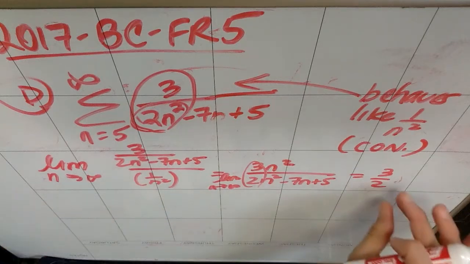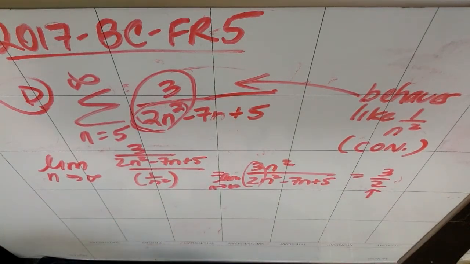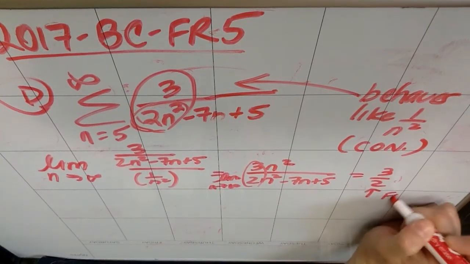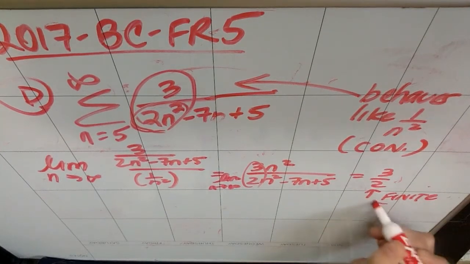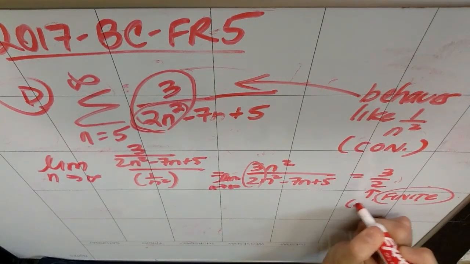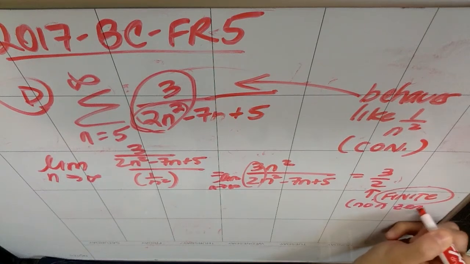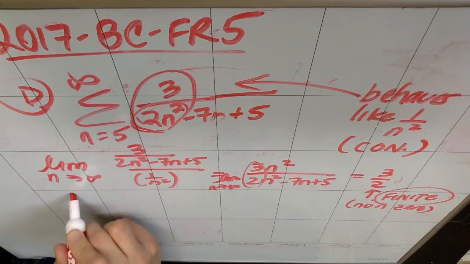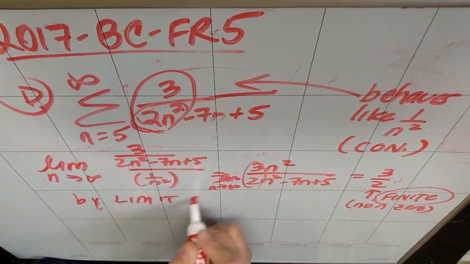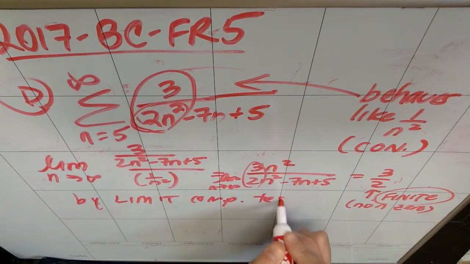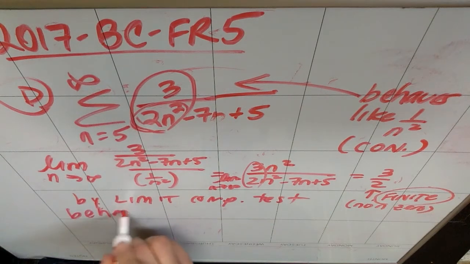If you do this limit comparison test and you get a finite value, finite non-zero, I should clarify, what this tells me is by the limit comparison test, they behave the same.